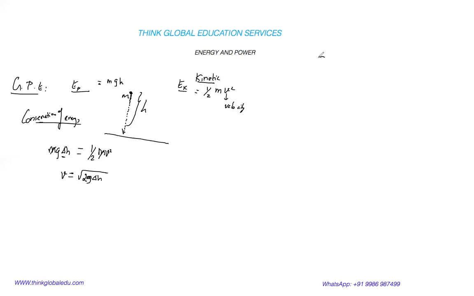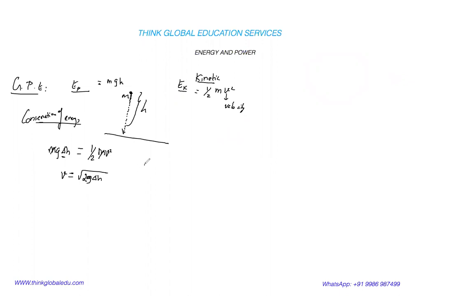Let's say a very large ball and a very small ball. If you drop them from the same height, they accelerate at the same rate and both reach the surface of the Earth at the same time. The mass does not matter. That's what we can deduce from this equation.